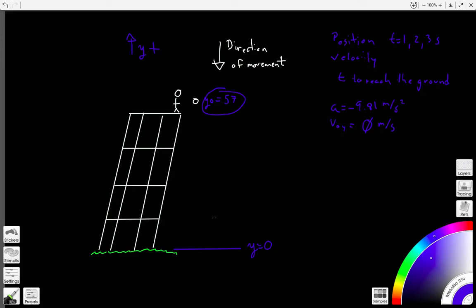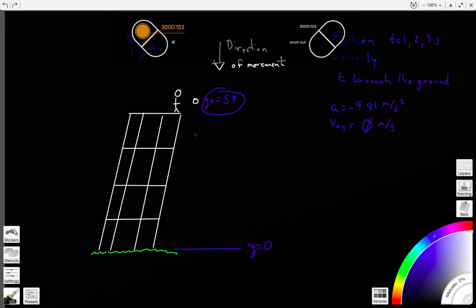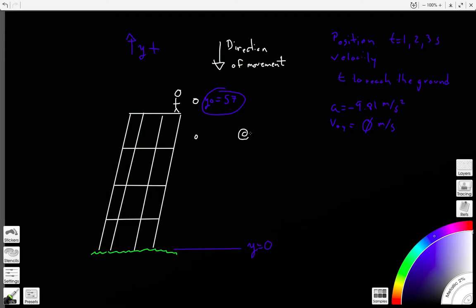Okay, so at this point, at t equals 1 second, let me put a white color here. So I'm going to exaggerate. Let's say that the position of the ball here is at, that's better. So this is at t equals 1 second.